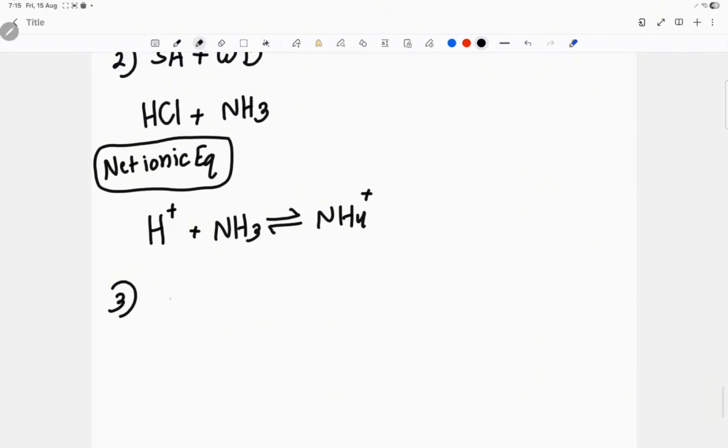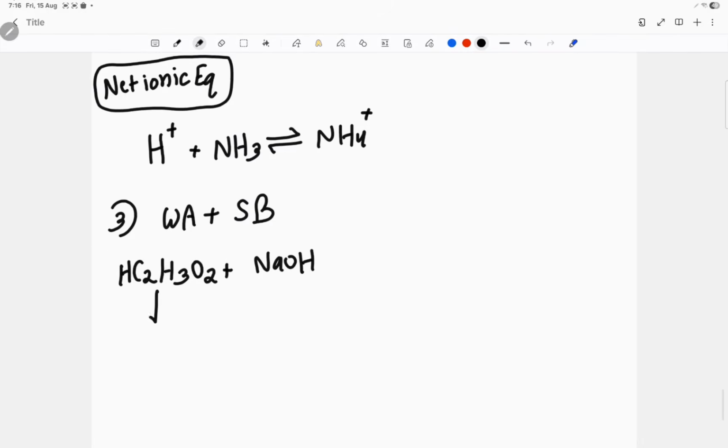Number 3. Let's try a weak acid with a strong base. Something like HC2H3O2 with NaOH. Do you want me to tell you the ionic equation? Just write the whole weak acid, plus OH negative, which is a reversible reaction.